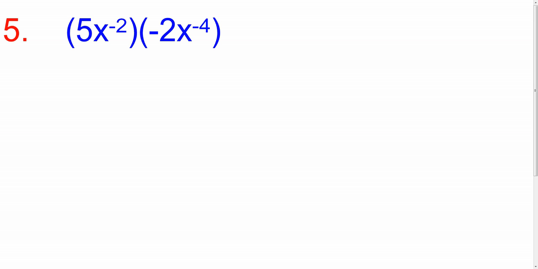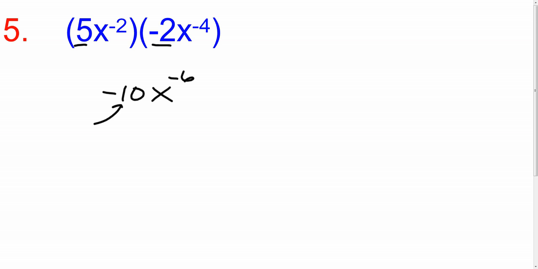Okay, and the last one here for this little quick part, again, you will multiply the coefficients. So 5 times negative 2 is negative 10. My x's each have a base on them, so I will go ahead and add those exponents. Negative 2 plus negative 4 gives me negative 6. Lots of people will make the mistake of moving this 10 to the basement because they see a negative sign there, but it is not a negative exponent.